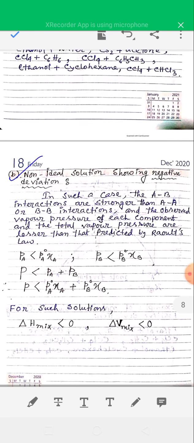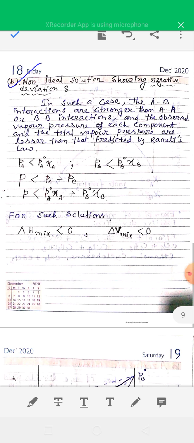So in case of a non-ideal solution showing negative deviation, the solute solvent interactions are stronger than solvent solvent or solute solute interactions.